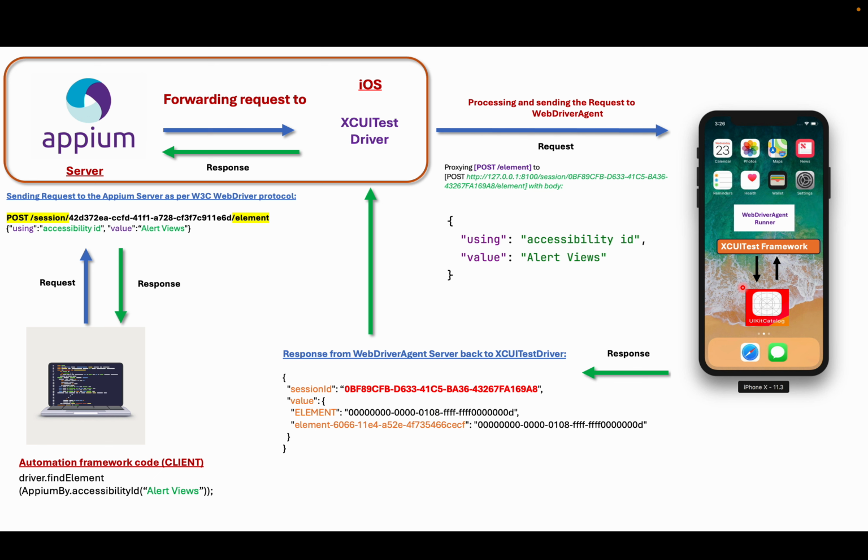WebDriver agent runner will internally receive those WebDriver commands and convert them into the respective actions that the iOS XCUITest framework is expecting. There is no extra load on the XCUITest driver to convert those commands into iOS specific actions. That is taken care of by the WebDriver agent.